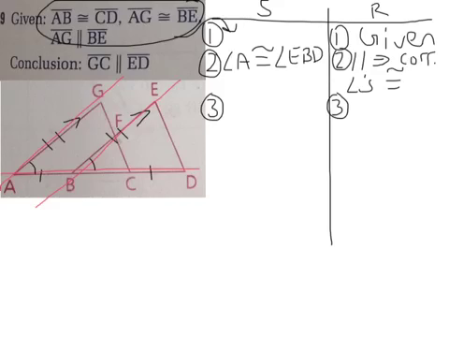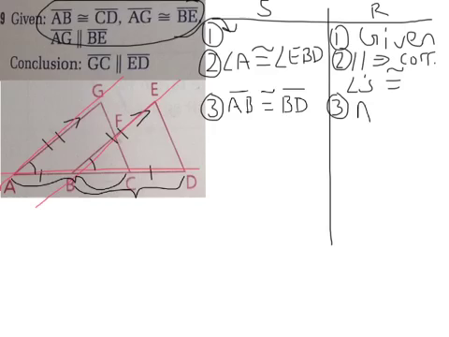So that's going to mean that this guy here and this guy here are congruent. So I have AC congruent to BD, and that is by addition property.